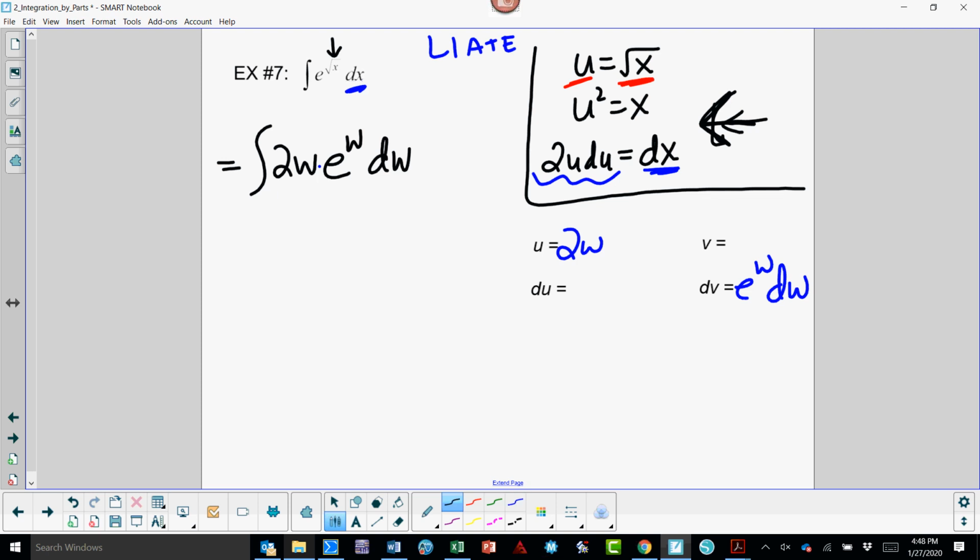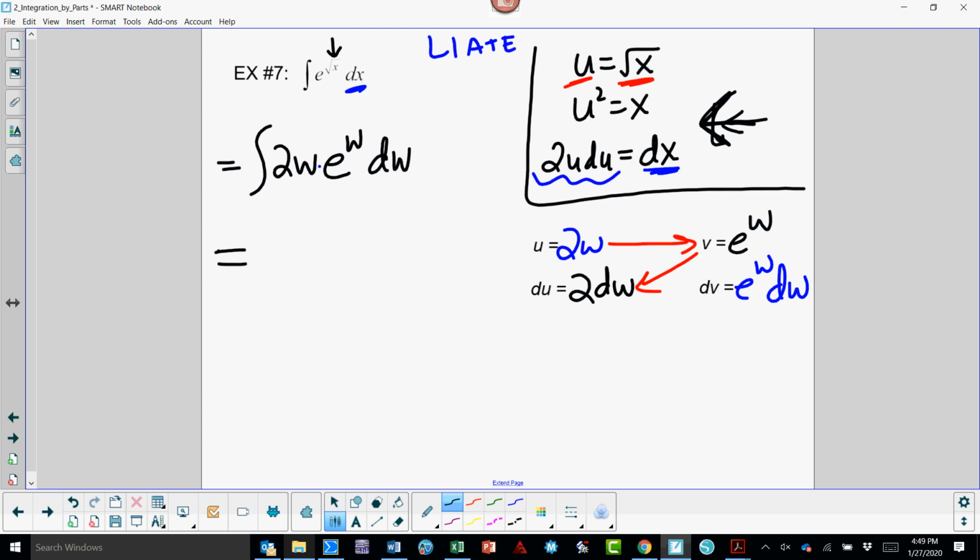So I do the same thing. If u equals 2w, then du equals 2 dw. If dv equals e to the w dw, then v equals e to the w. And then I do the same thing. I go uv minus integral of v du.